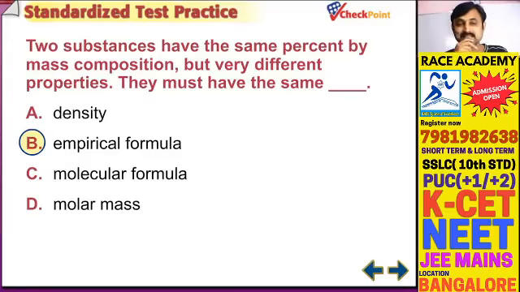That can be understood using empirical formula only, because empirical formula will be the same, but they have different properties. For example, if you take acetylene and benzene, their empirical formula is the same.